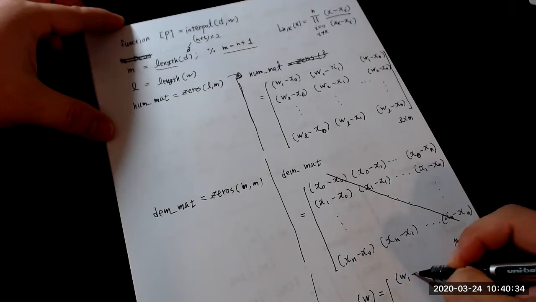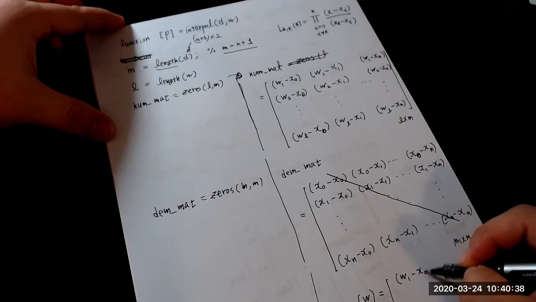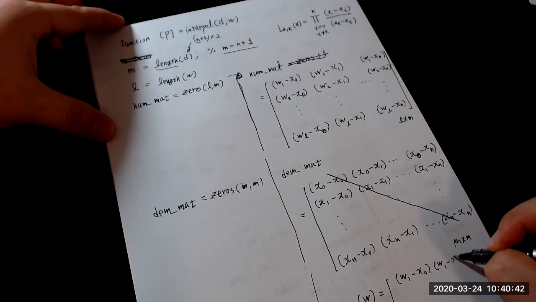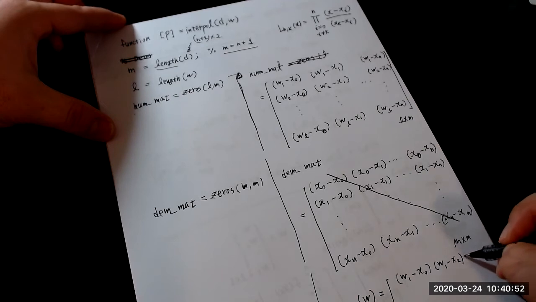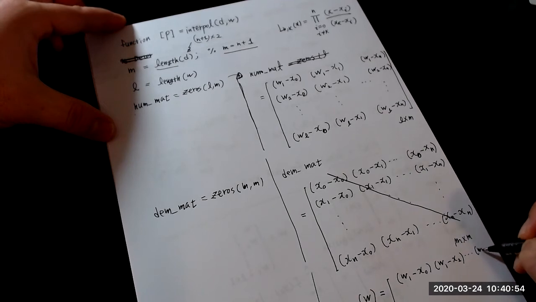W1 minus x0 times W1 minus x2, because the W index is 1 right there. So W1 minus x1 should not be included in the numerator, through W1 minus xn.